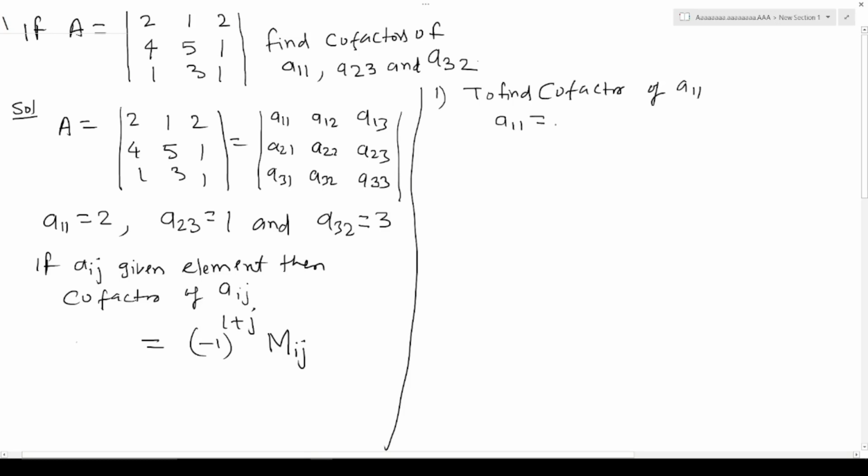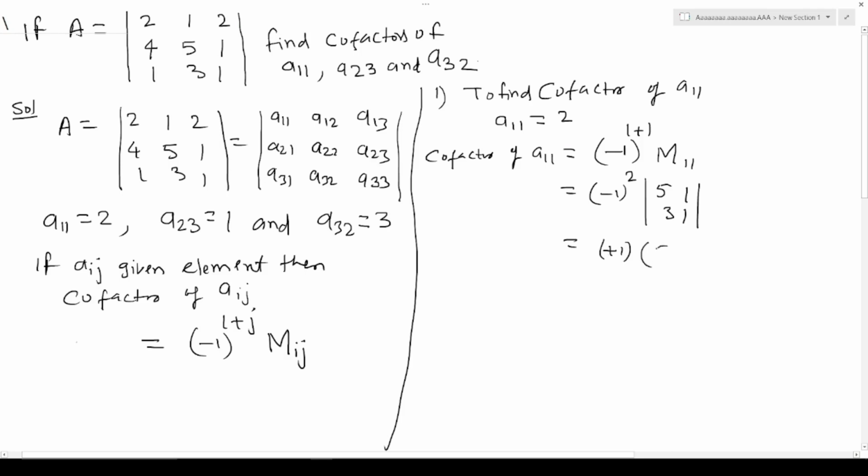A11 equals 2. Now the cofactor of A11 equals minus 1 raised to 1 plus 1 and the minor of A11, that is minus 1 raised to 2 and the minor of A11 is nothing but [[5,1],[3,1]] equals plus 1 into 5 minus 3, 1 into 2 equals 2. This is the cofactor of A11.